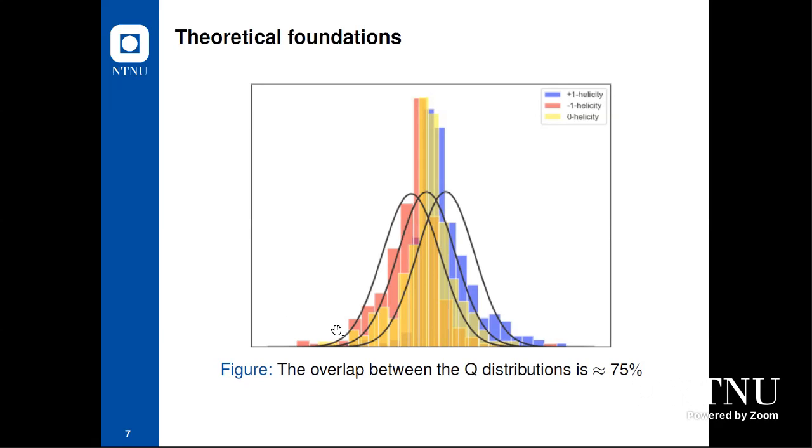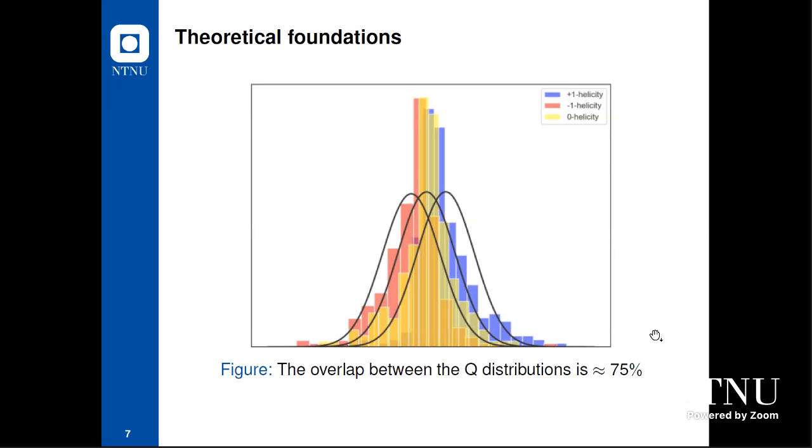As you can see, in this case, there is a significant overlap between the red bars, the yellow bars that are the ones corresponding to zero helicity, and the blue bars. And the curves here are just an interpolation of those bars, assuming that the distribution is a Gaussian distribution.